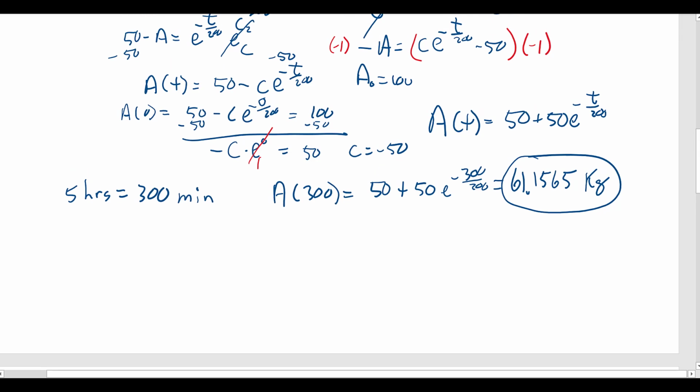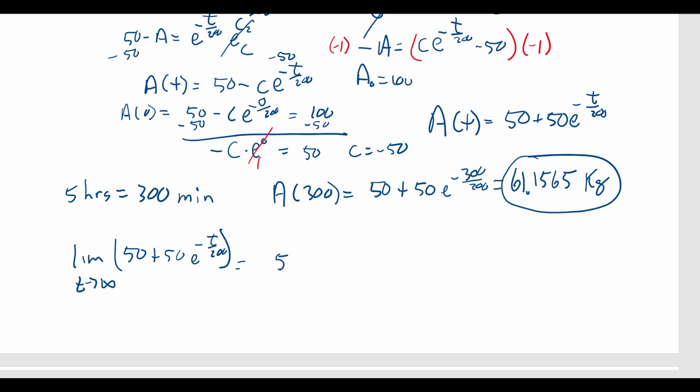So if we take this formula and say the limit as t goes to infinity of 50 plus 50 e to the negative t over 200, we get 50 plus 50, I'll write it this way, over e to the t divided by 200.